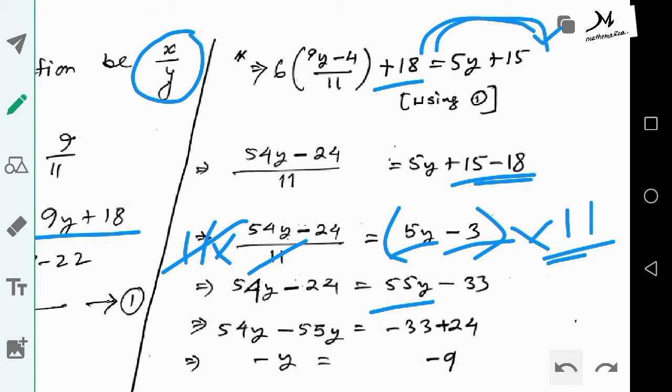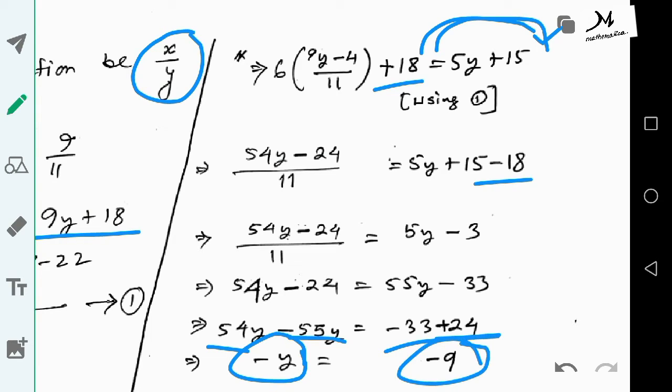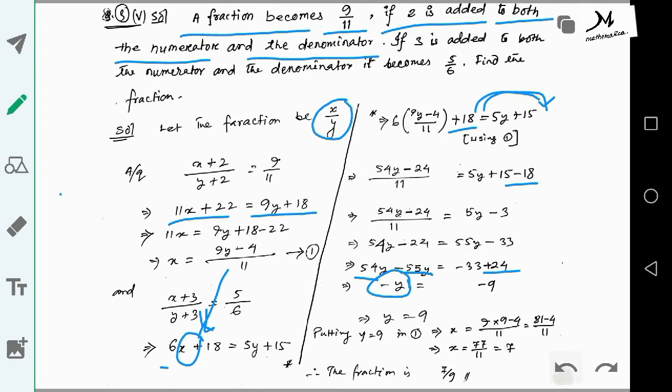Now bring this 55y to this side, then you will get minus 55y, and transfer this minus 24 to the other side, then it becomes plus 24. Then 54y minus 55y is minus y, and on the other side minus 33 plus 24 is minus 9, so the minus signs cancel. So the value of y is equal to 9.